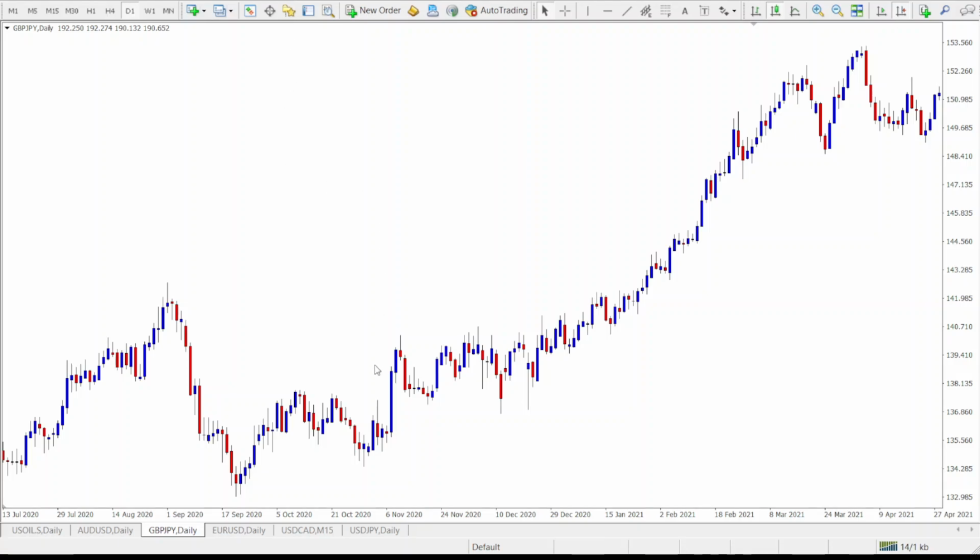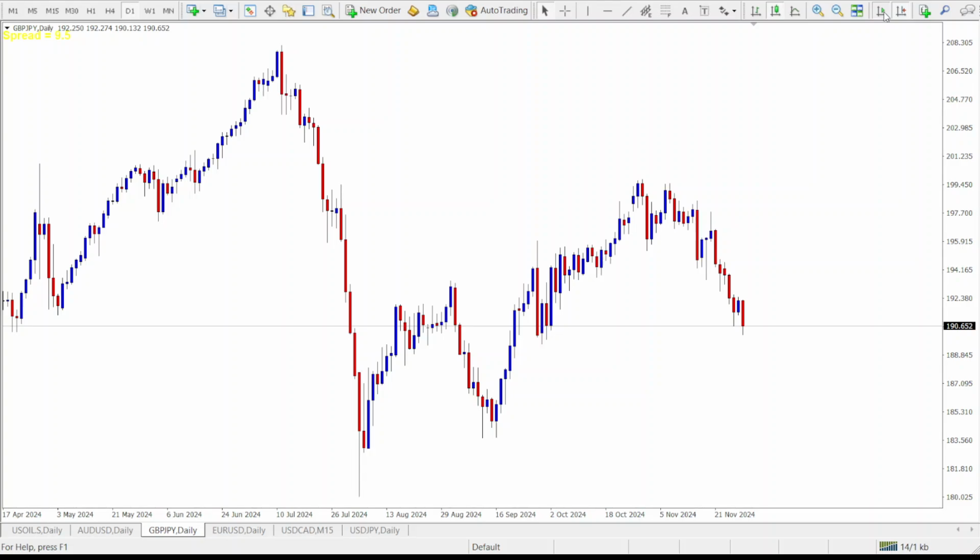Since this is the focus of this indicator, it is not one that gives you buy or sell signals. We can see the spread indicator at the top left corner. Let me just make the color darker so we can see it clearer.